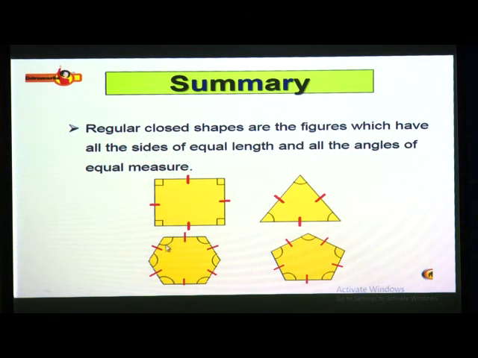This is a hexagon with 6 sides, all sides are equal. And this is the pentagon, all sides are equal. They have sides of equal length, but also angles of equal measure.